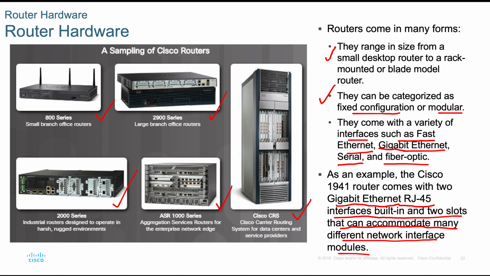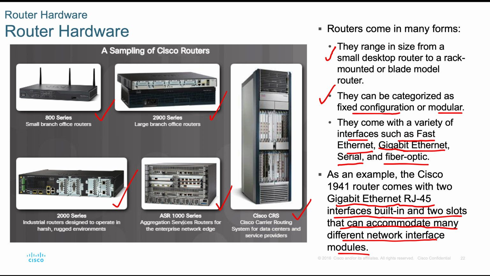Now let's take a look at the router hardware. Routers come in many forms, right? They range in different sizes. You have the 800 series, which is for small office. You have the 2900 series for large branch offices. You have the 2000 series for industrial routers designed to operate in harsh and rugged environments in the industry. You have the ASR 1000 series aggregation services router.